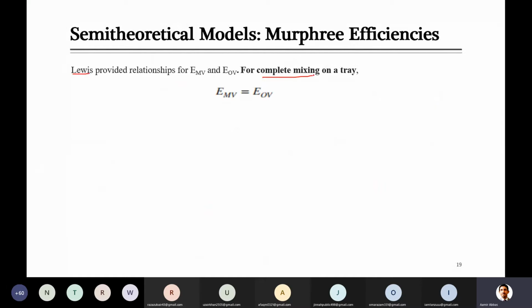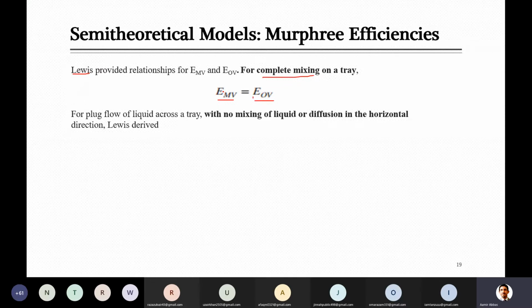So for complete mixing on the surface of the tray, the Murphy vapor efficiency becomes equal to the Murphy vapor point efficiency, because due to complete mixing, the efficiency at each and every point will be the same as if you calculated it for the whole tray.